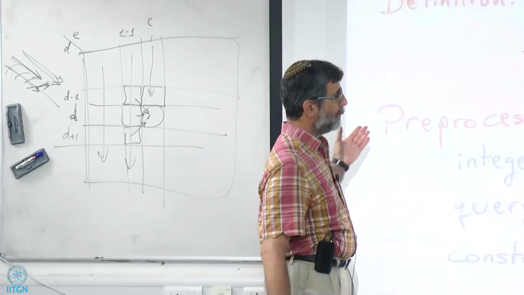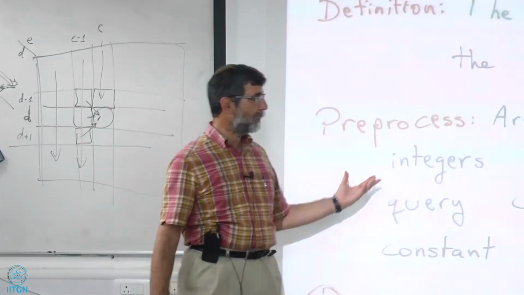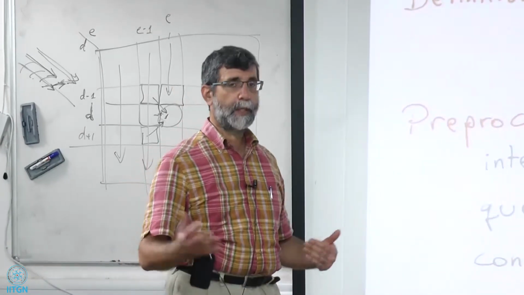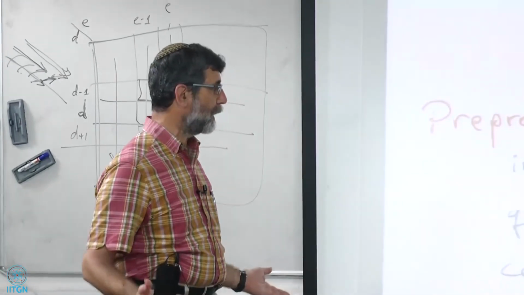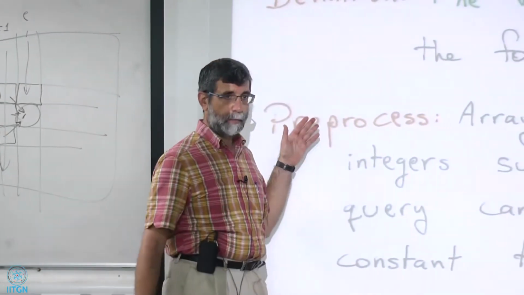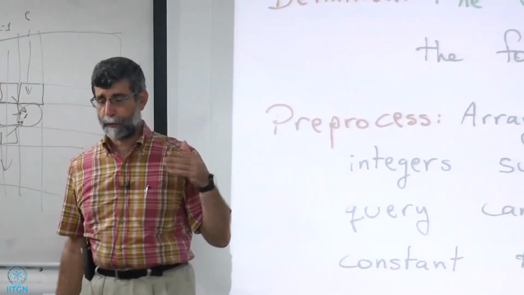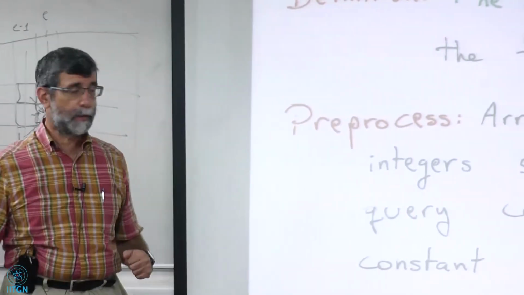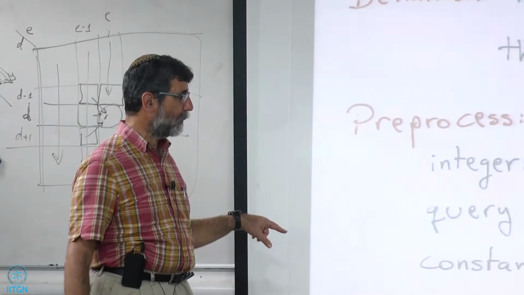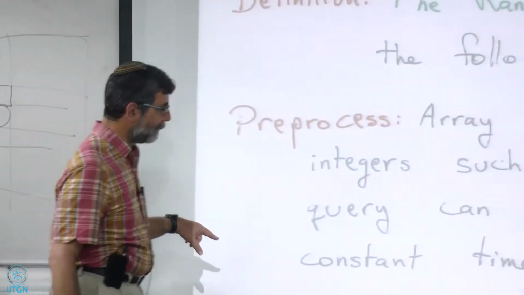So what's the range minimum problem? You have an array of integers, any array of integers. Depending on what your application is, I don't care, but you have an array of integers. You want to preprocess it, obviously in linear time. But after the preprocessing, you would like to be able to answer the following types of queries.